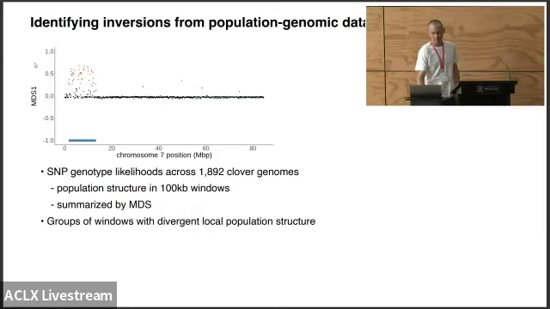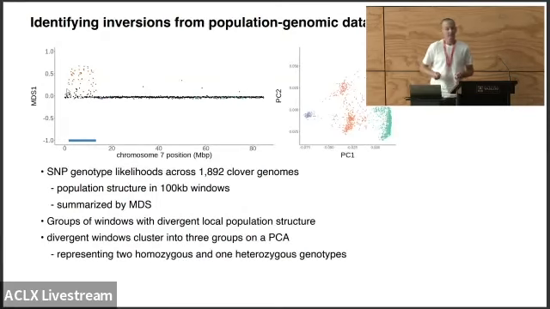The way we interpret these MDS values is that values close to 0 represent the normal population structure observed along the chromosome. What we're looking for in identifying inversions are groups of windows with divergent local population structure, that we see in extreme values on this MDS axis, so things like this.